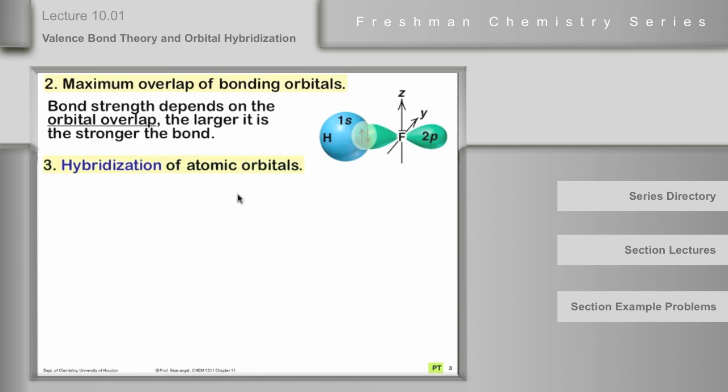All right? The last thing is if the orbitals in the atoms aren't pointing in the right directions to make this happen, we take combinations of the wave functions of the available orbitals to make something called hybrid orbitals that are pointing in the right direction.